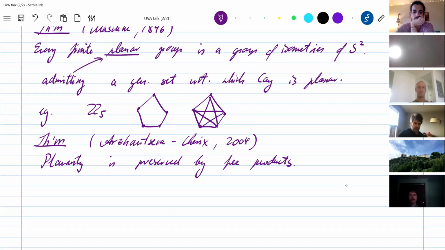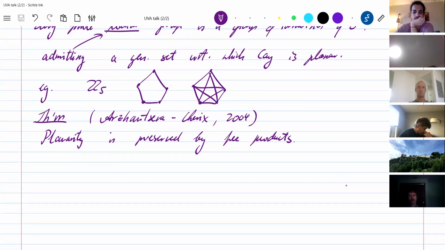If you think about a free product, you're essentially gluing your two Cayley graphs of your two groups via a kind of tree-like structure. So this is quite reasonable to expect. And there are several other people who look at planarity for infinite groups, and I think there's quite a wide range of literature on this.